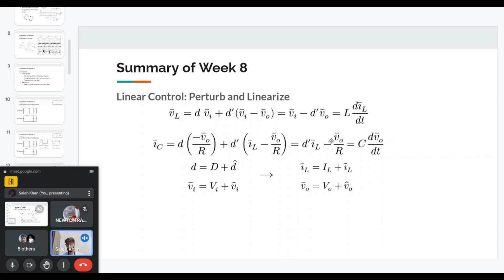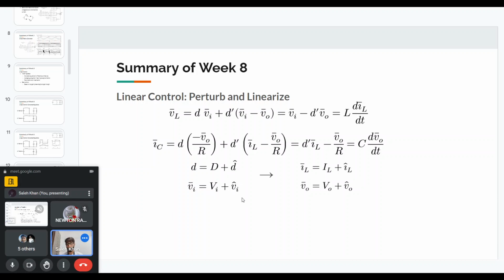For example, if I substitute Vi as capital Vi plus Vi hat here, I will get capital Vi in this expression, and I will remove the DC terms. Capital Vi is a DC term. So I will remove the DC terms, and I will remove the second order terms.